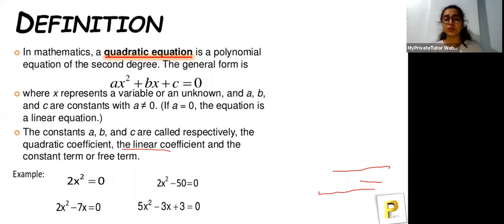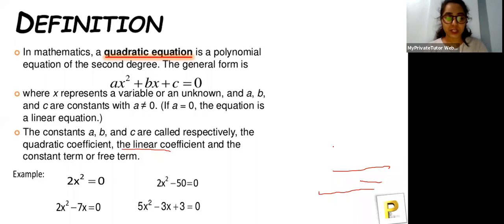So in this, the coefficient of x square is 2, so a is 2. B and C, if they are 0, doesn't matter. The highest power is 2. It is an equation, and it has only one variable, and hence it is a quadratic equation.